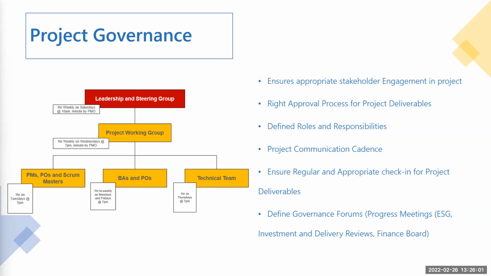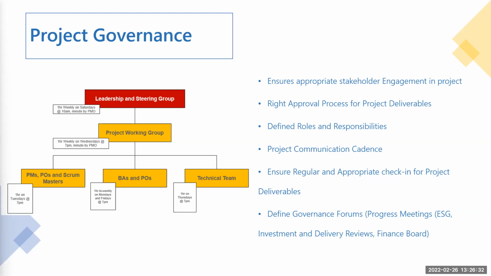And governance is making sure you have the right stakeholders and the right communication cadence. How do you want to communicate to your stakeholders? What's the frequency of the communication? Is it by reporting? Is it by presentation? So there's a communication cadence that has been defined and highlighted in your governance. And it also ensures that there are regular and appropriate check-ins for project deliverables. Define the governance forum.